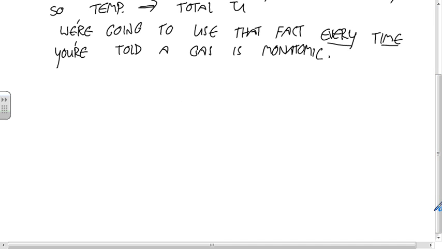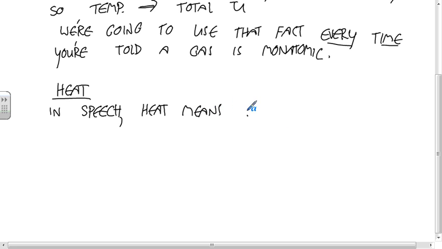All right, so the next topic we're going to deal with is heat. And heat is one of those things where you have to sort of change your whole, so unfortunately there's a colloquial, everyday language meaning of heat, and that's not what heat is in physics. So in everyday speech, heat means, I'll say, high temperature.